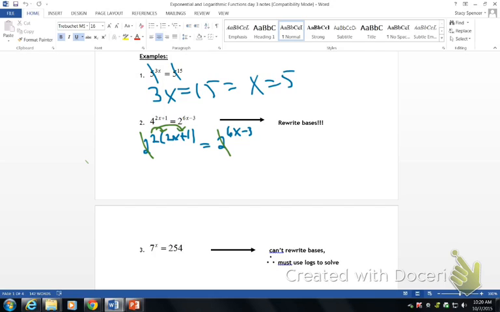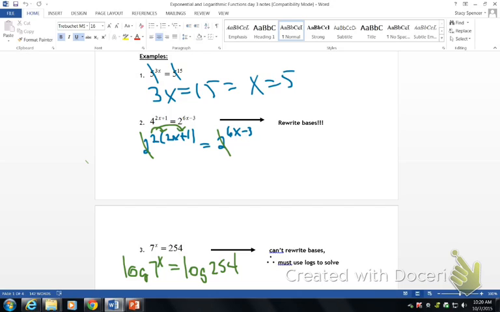Can 254 be written as a base 7 like we did these two up here? No. So that's going to throw you into option 2. You're going to have to bring in the log. So we're going to bring in the log of both sides. So we would have log of 7 to the x equals log of 254.